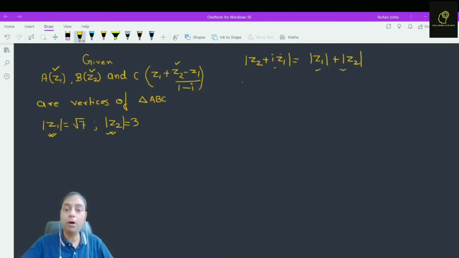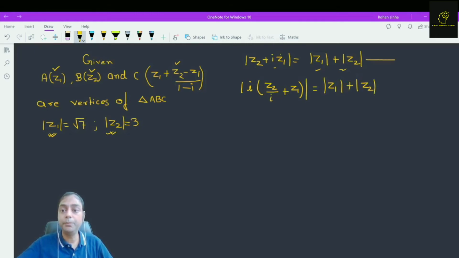Taking i common here, what do you find? It is modulus of (z2/i + z1) equal to modulus of z1 plus modulus of z2.